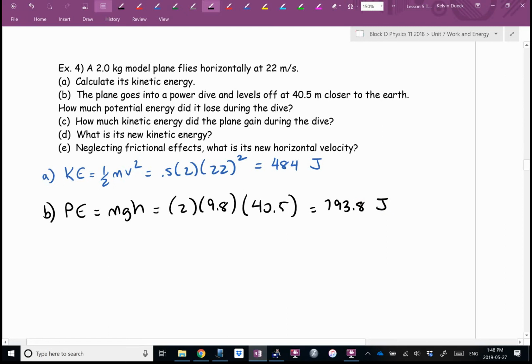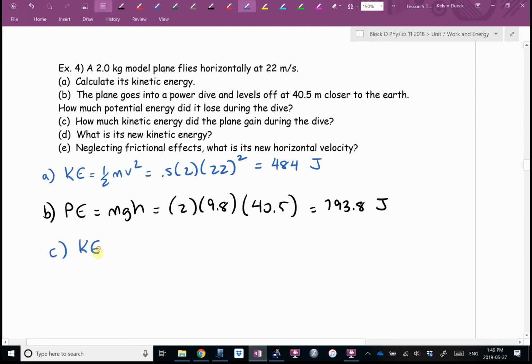That energy had to go somewhere. It can't just vanish. Where did the energy go? What happens to an airplane when it dives down? It turned into kinetic. And this is why when a plane dives down, it speeds up. So C, how much kinetic energy did the plane gain?